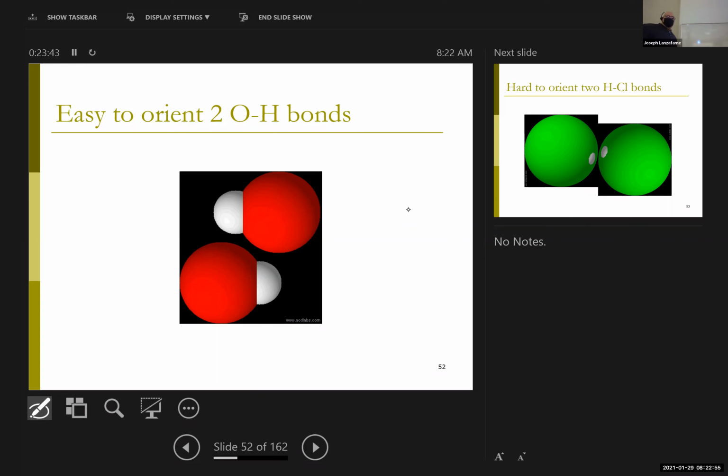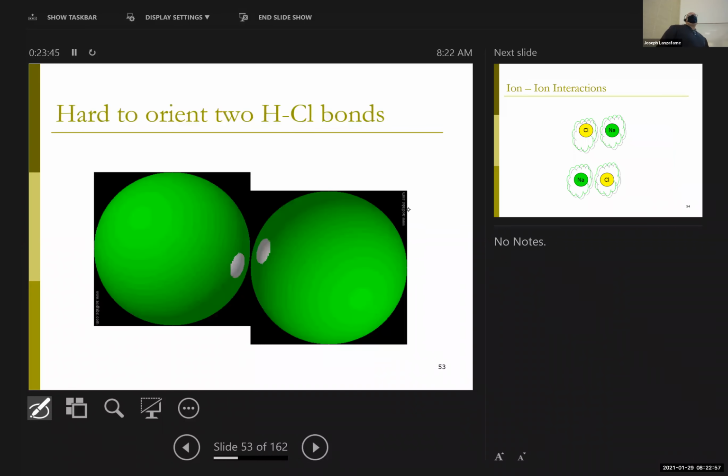There's no way to do that with HCl, right? It's just round. There's a significant dipole there, but it's tiny in size, right? And buried in the chlorine electron cloud.